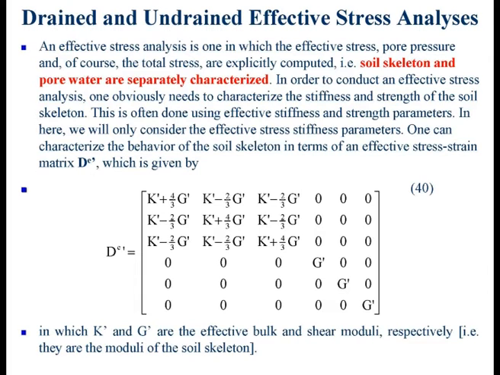Strength is c', phi', that kind of thing. That's the strength parameter. Now this is important because when you work with Plaxis, how many of you have worked with Plaxis before? Plaxis gives you a lot of combinations. You can mix effective stress parameters with total stress strength parameters and vice versa. You've got to be clear about what we are doing.